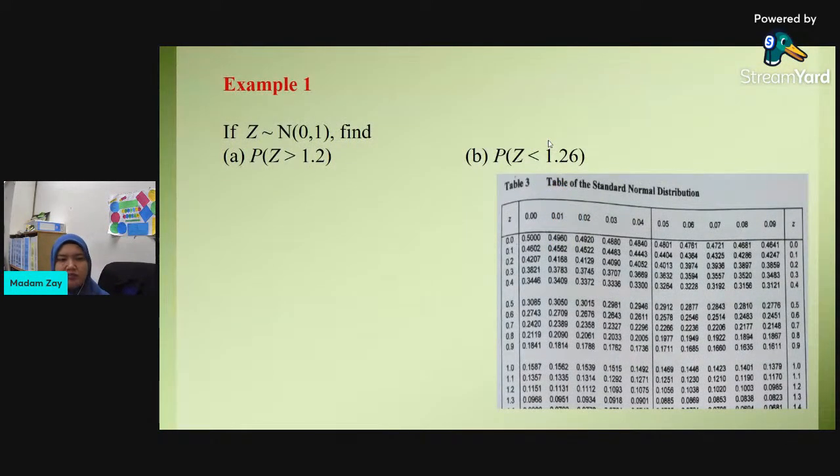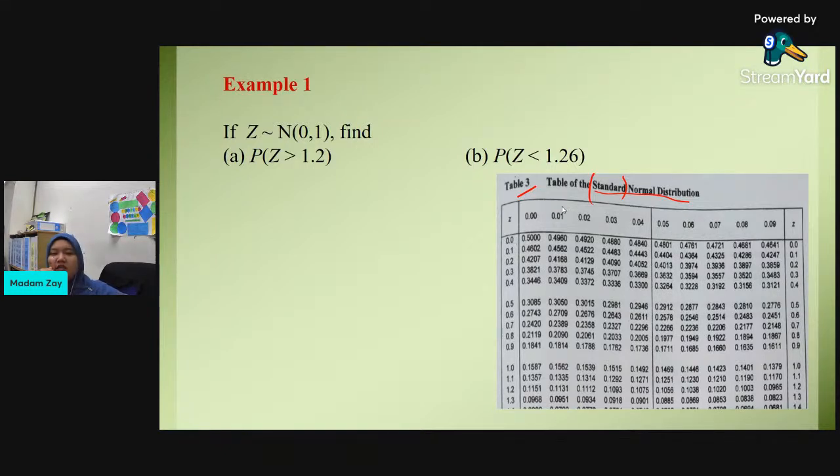So, kita tengok example dia untuk standard normal. Okay, standard normal, kita ada satu je table dekat dalam statistical table tu, which is table 3, the table of standard normal distribution. Awak takkan jumpa table of normal distribution. Kita hanya ada standard normal distribution. Okay.